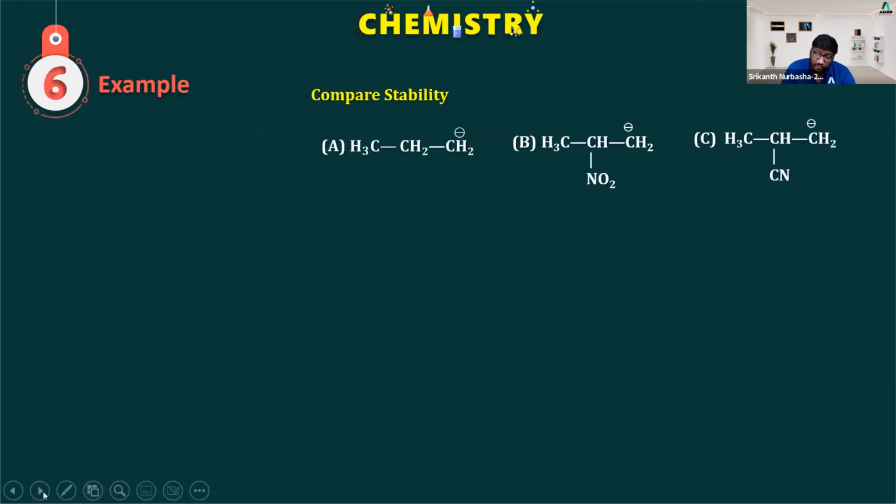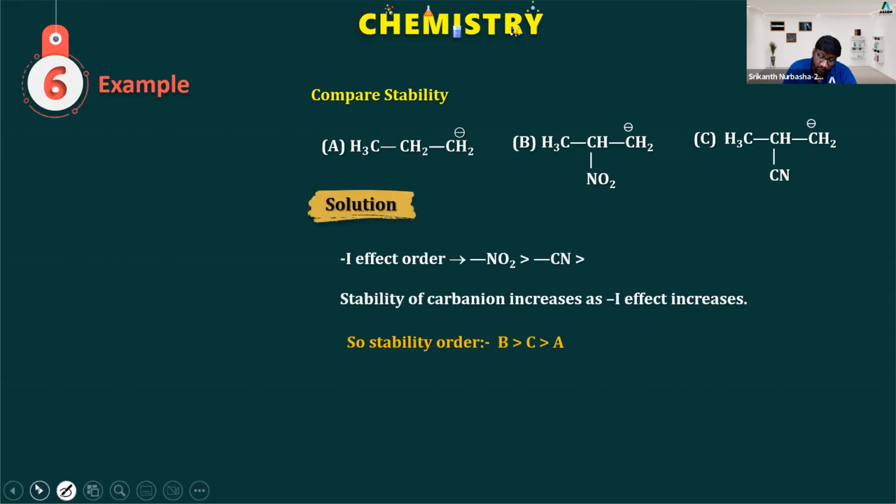Compare stability here. CH3 CH2 CH2 minus, CH3 CH NO2 minus, CH3 CH CN minus. Looking at the minus M effect order, NO2 is a better electron withdrawing group compared to CN. The stability of the carbanion increases as the minus M effect increases. So in B and C we have electron withdrawing groups.